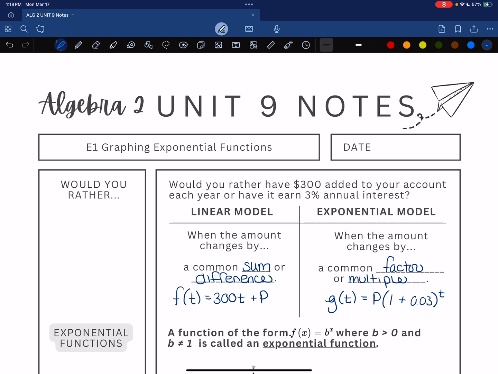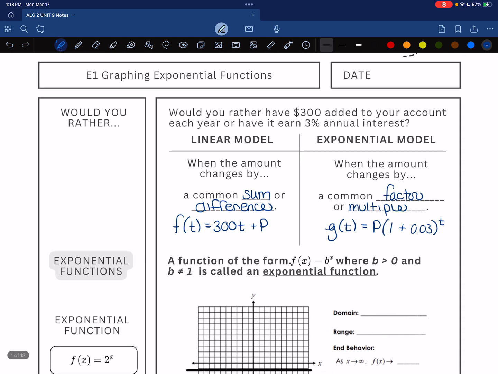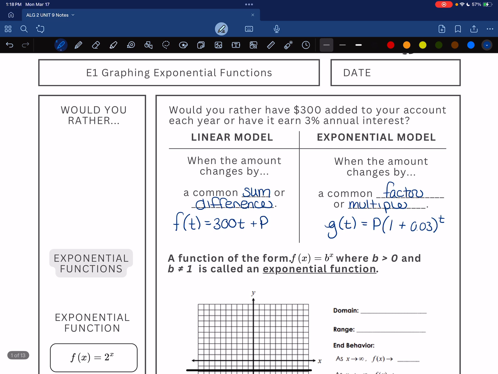So which one would you rather earn? Well, think about it this way. This one is going to be growing at a linear rate, which is good to begin with. It looks really nice. If you're starting here with your f function, it's going to start at some amount and go by 300. So this might be your f function.